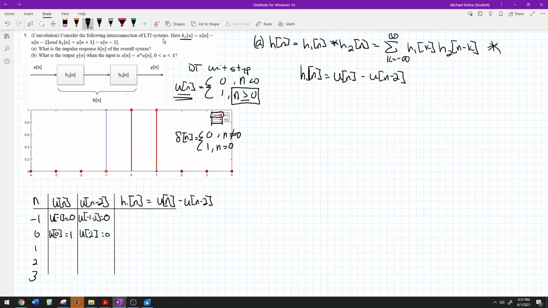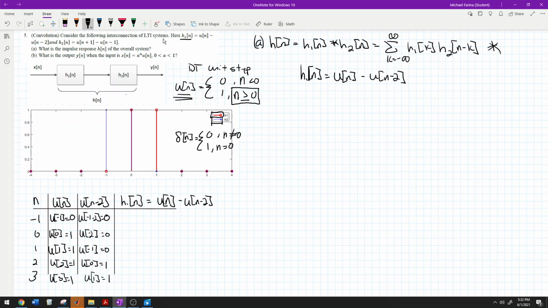So right here we'll do u of 1 equal to 1, and then this is u of -1, and that's equal to 0. Right here we have u of 2, that's equal to, oops, excuse me, that's equal to 1. And right here we have 2 minus 2, so that's u of 0, and that's now equal to 1. And then for 3, u of 3 is equal to 1, and u of 1 is equal to 1.